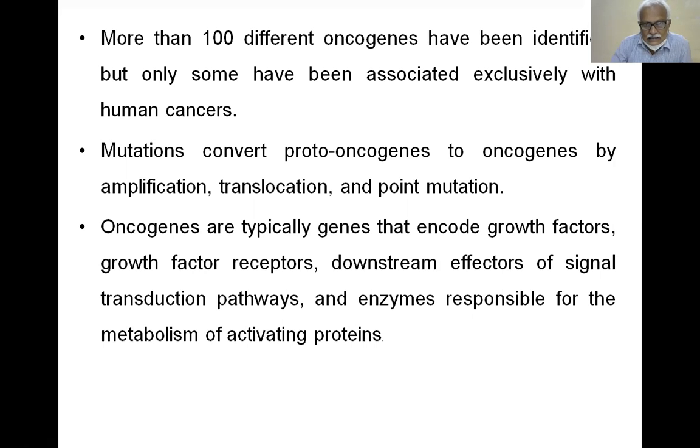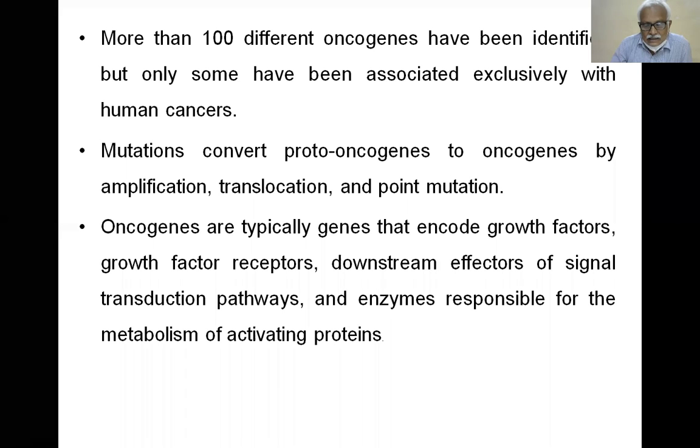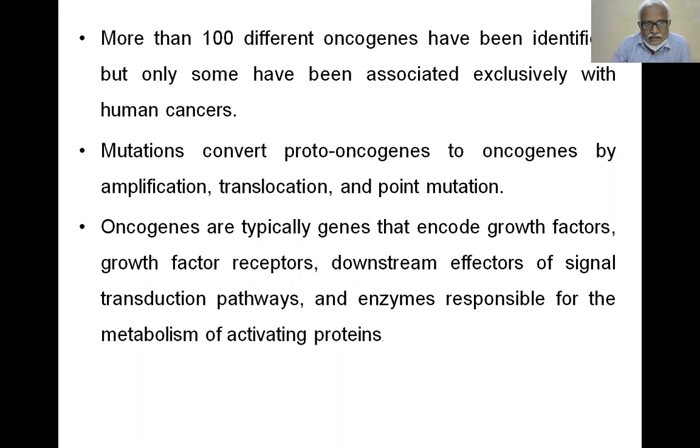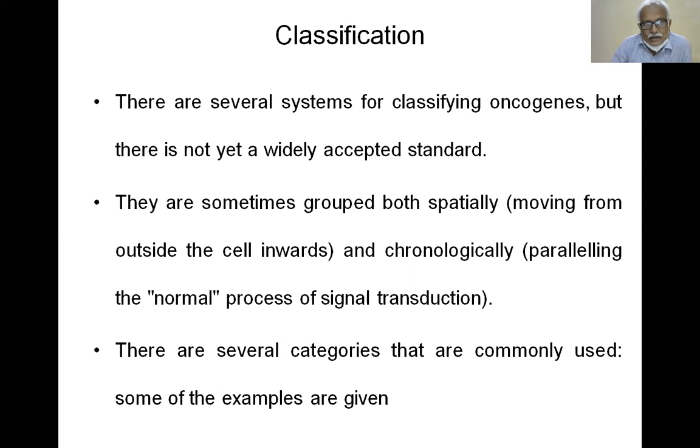So these are the typical genes that encode number one, growth factors, number two, growth factor receptors, number three, downstream effectors of signal transduction pathways, and number four, enzymes responsible for the metabolism of activating proteins. So these are all the places where they effectively exercise their power.